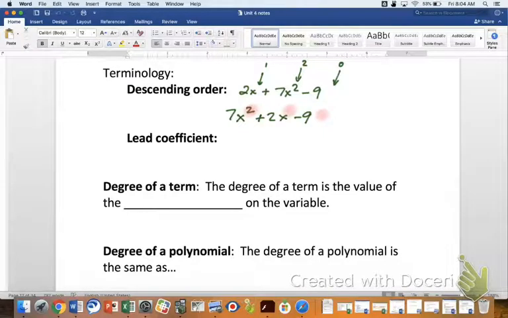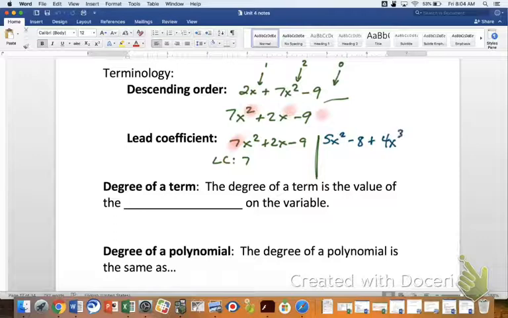Lead coefficient. Well, if a polynomial is in descending order, the lead coefficient will be the first coefficient you come to. So if I had 7x squared plus 2x minus 9, I'd say that my lead coefficient is 7. The polynomial has to be in descending order for this to be true. So maybe another example here would be 5x squared minus 8 plus 4x to the third minus 12x, or something like that.